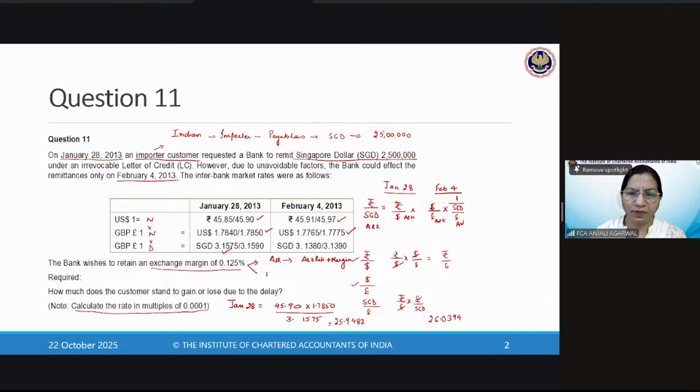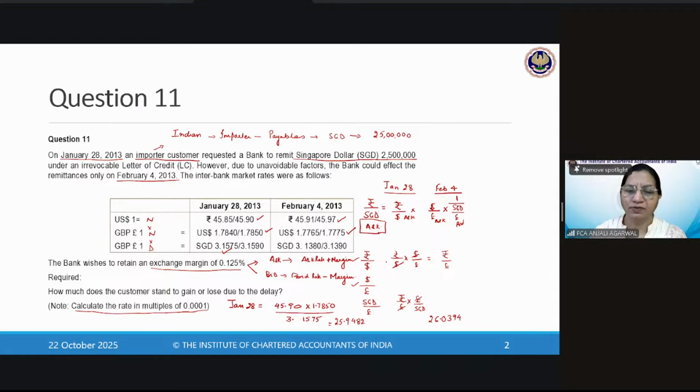But if it was bid, if you were selling Singapore dollars, the applicable rate would be the bid rate. This is what you will get minus margin. So the bank will deduct some margin and pay you a little less. So while margin is applicable, if it is ask, the margin is to be added, and if it is bid, the margin is to be subtracted. For us, what is the requirement?